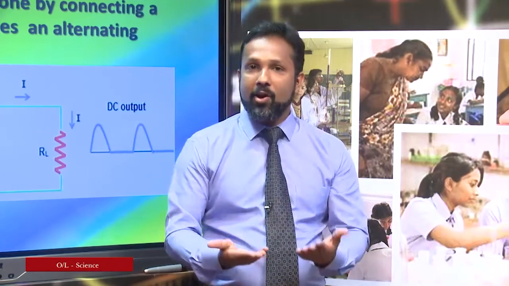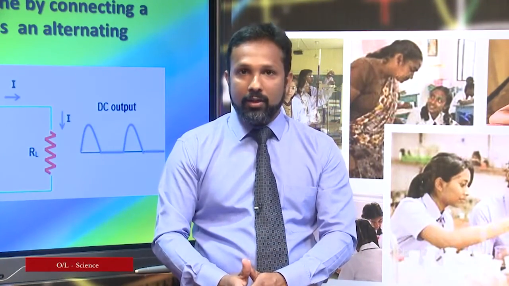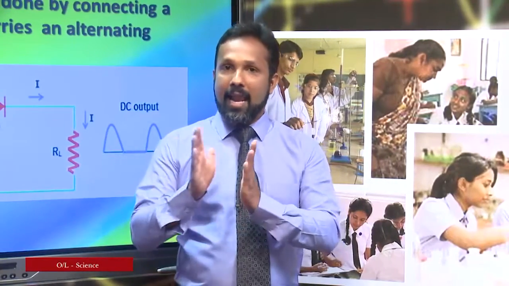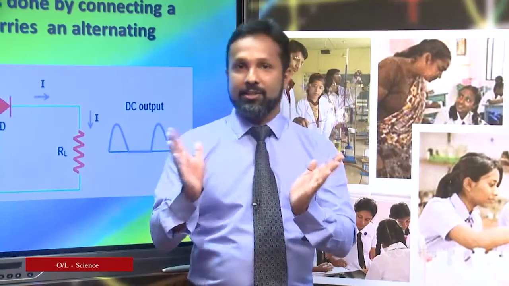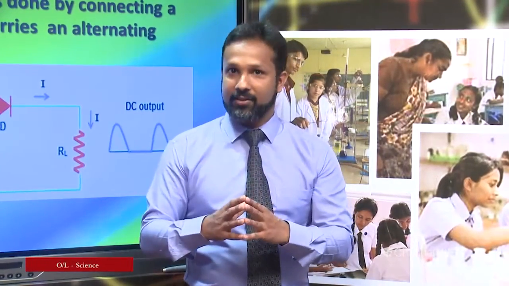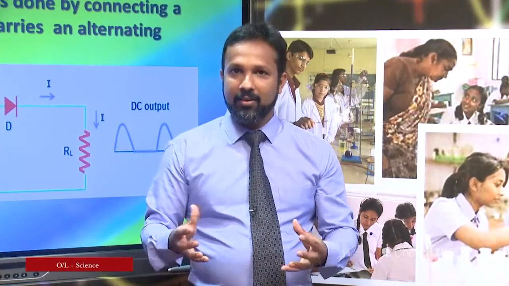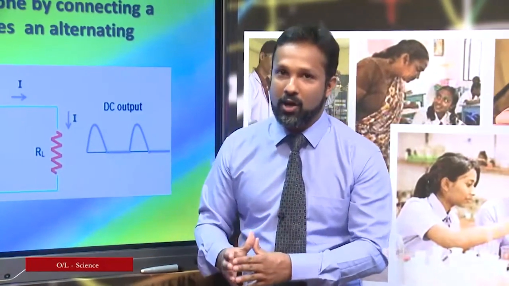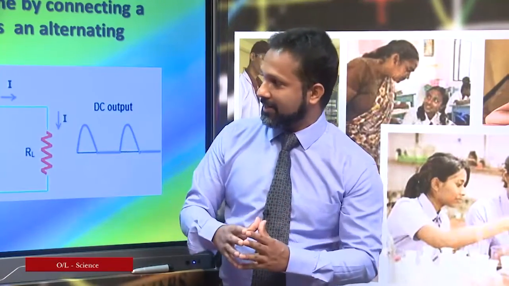When there is no diode, when we connect the galvanometer to a dynamo, what happened? The galvanometer indicator deflects to both directions. That's the difference. What has happened really is conversion of alternating current into a direct current.